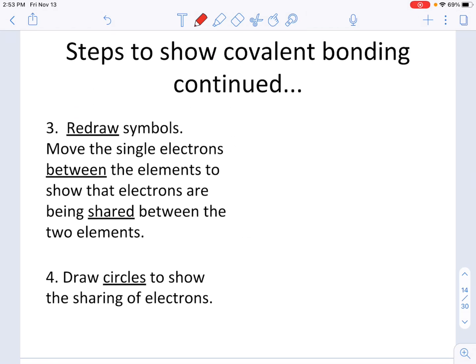Next, step 3, redraw the symbols. So you want to copy this in. Move the single electron between the elements to show that the electrons are being shared between the 2 elements.